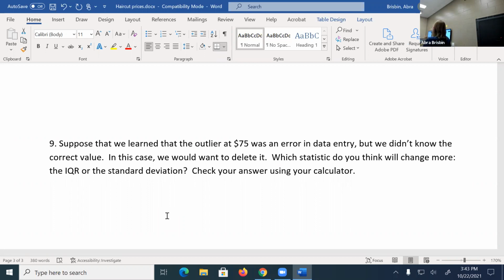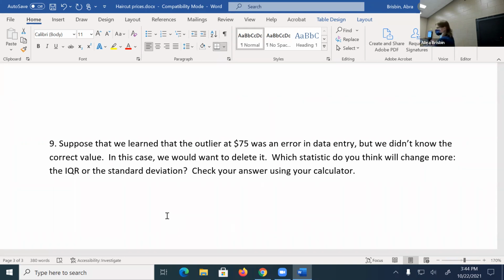and the mean sort of go together in being both influenced by outliers. The interquartile range sort of goes along with the median in that the interquartile range only cares about the positions of the data. So the fact that there was a number at 75 there, it doesn't care that the number was 75.